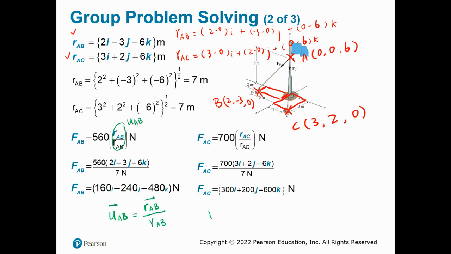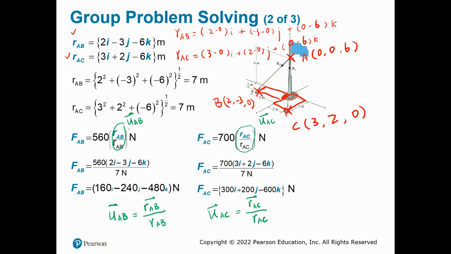Same thing as unit vector AC, this one right here will be position vector AC divided by the magnitude AC. So this one is your unit vector AC. I put that arrow on the top, it means it's a vector.